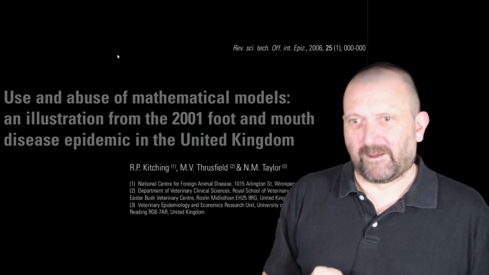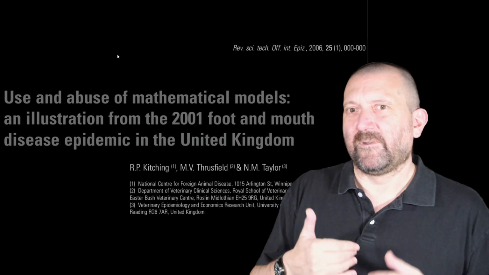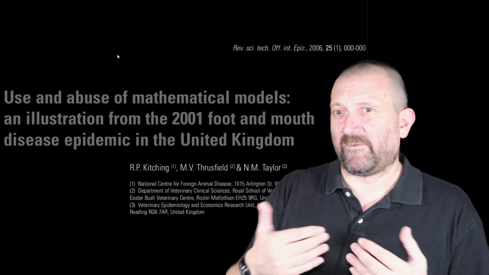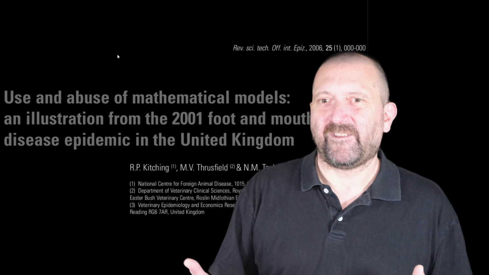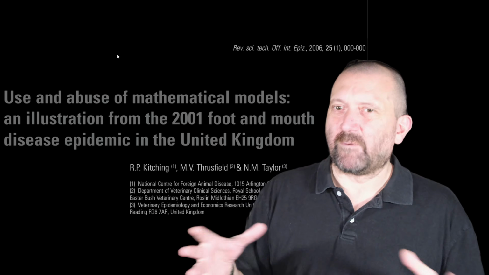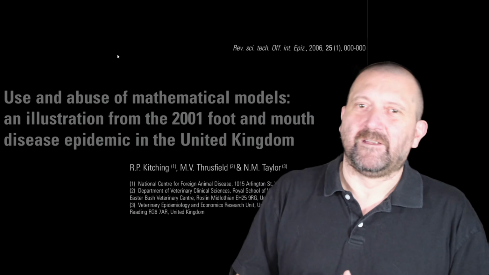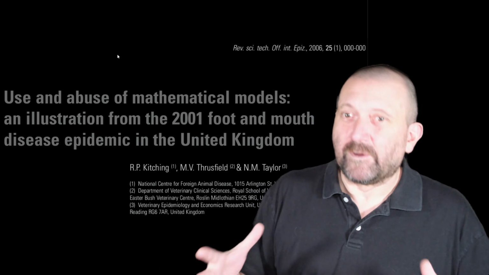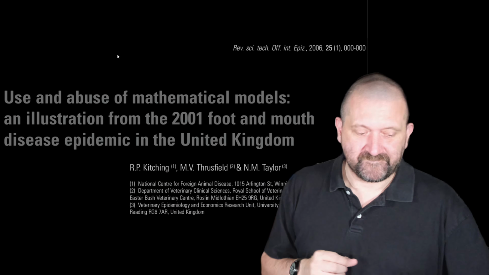And this paper makes an argument for the fact that some of those cullings were determined by using models in a way that was not necessarily good in the view of the authors.